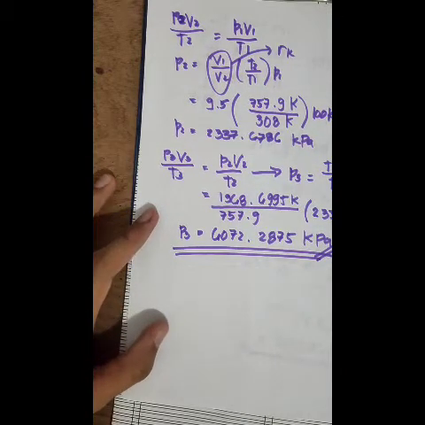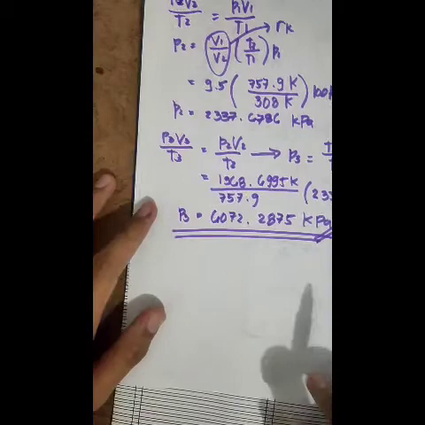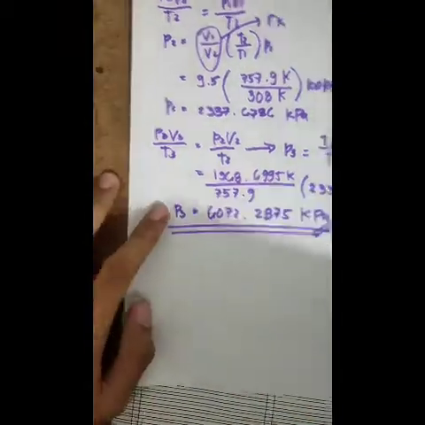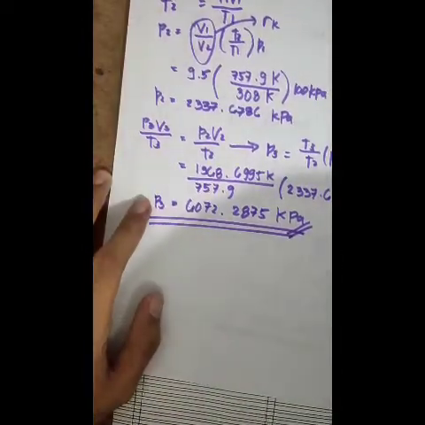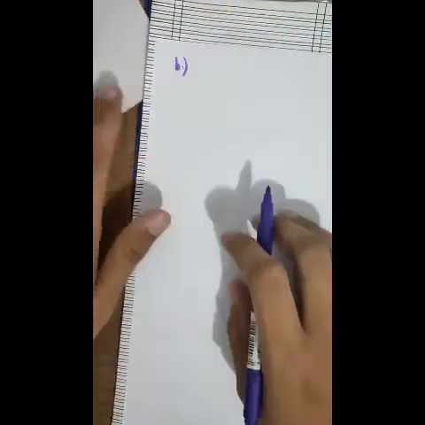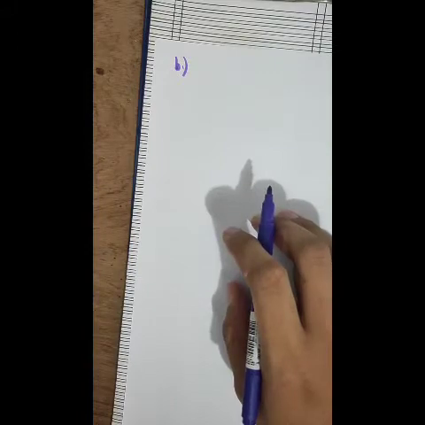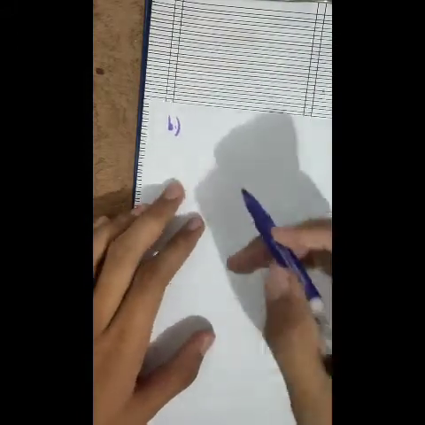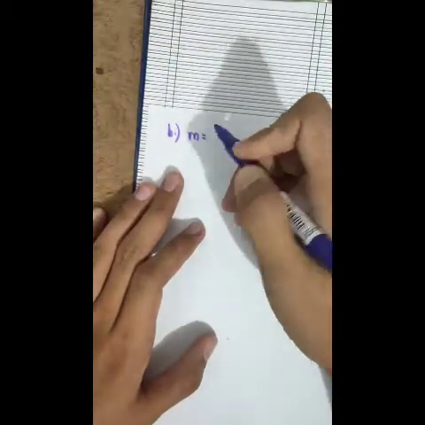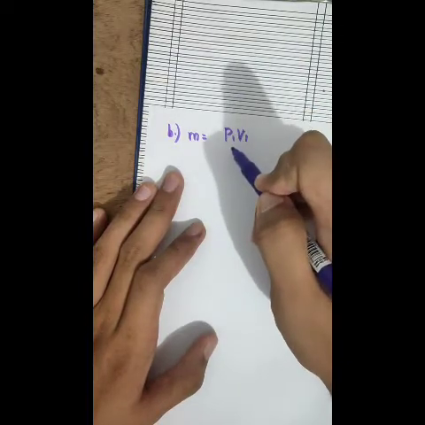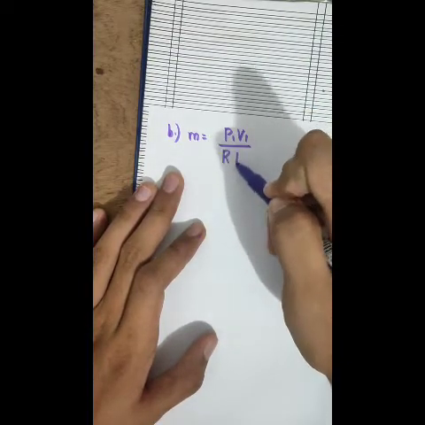So next one is B, finding the amount of heat transferred in kilojoule. So first we need to find the value of mass. Mass is equal to P1 V1 over RT1.